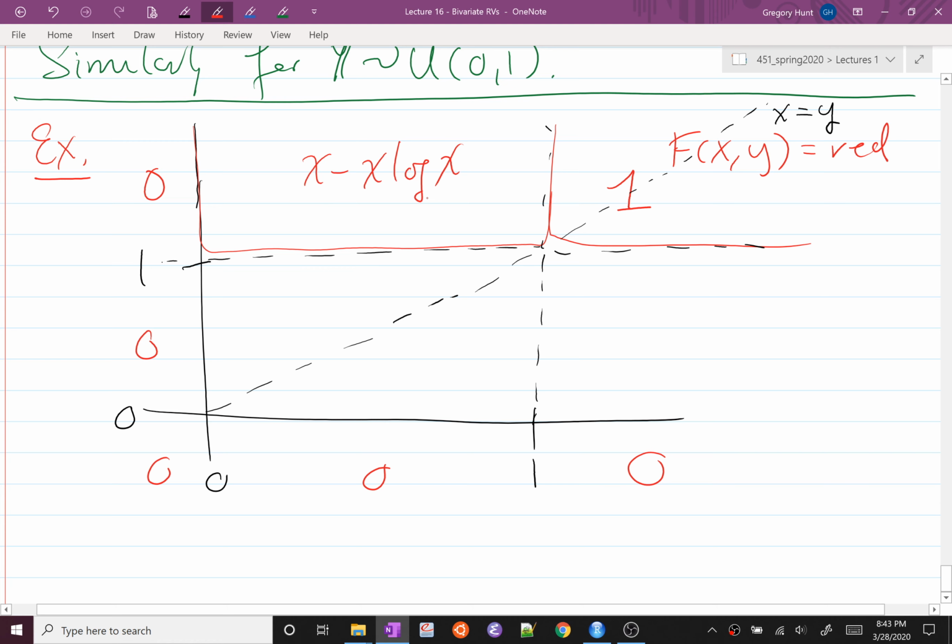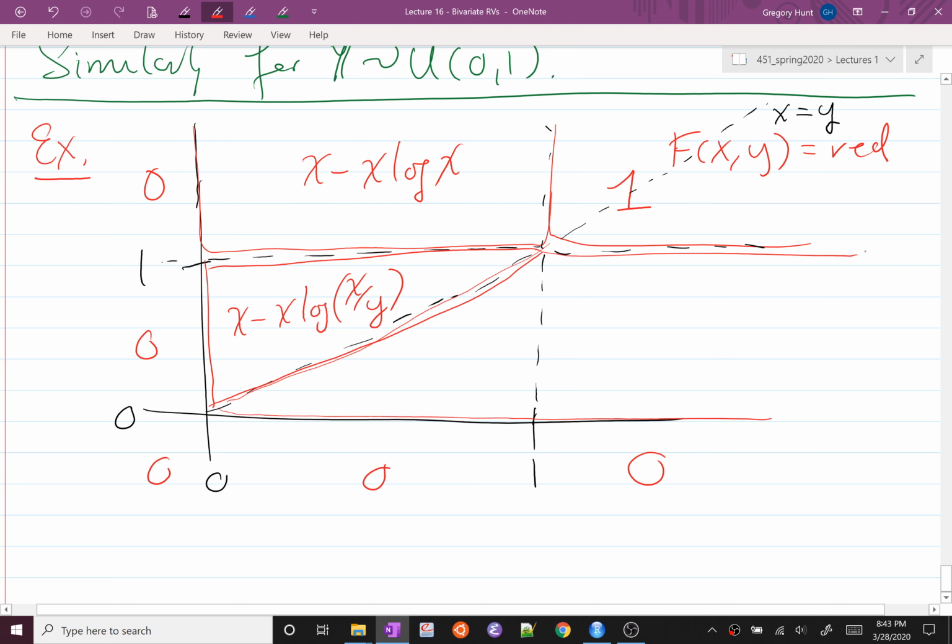Okay, I'm allowed to do that. In this triangle here, I'm going to say it's x minus x log x over y. And over in this remainder region, this whole trapezoid, I'm going to say it's y.